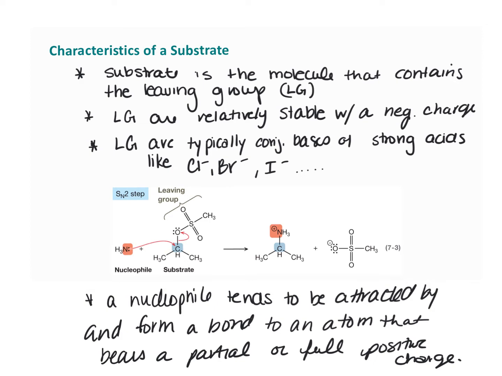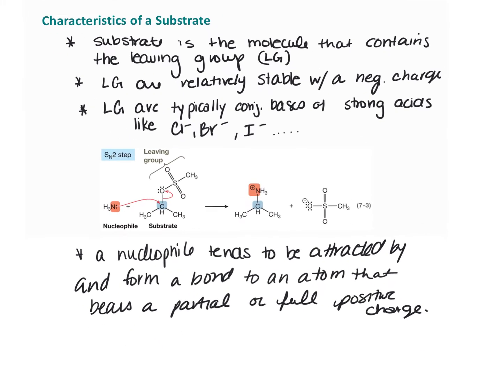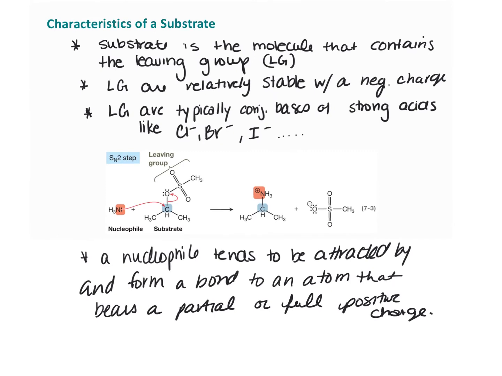Common leaving groups also include anions where there is substantial resonance and inductive stabilization of the negative charge. I want you to look at this leaving group that I'm showing right here. It is not a conjugate base of a strong acid, but notice that it has resonance, and it also has some inductive stabilization.